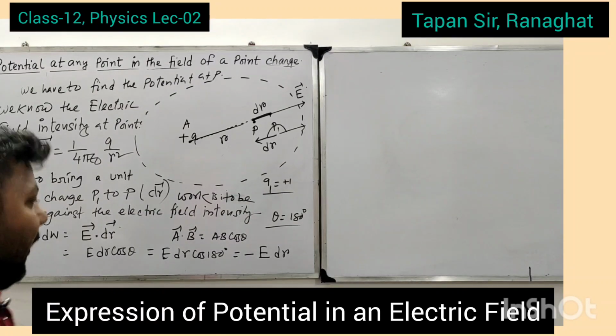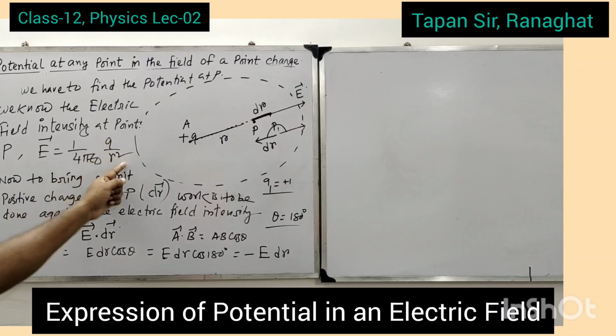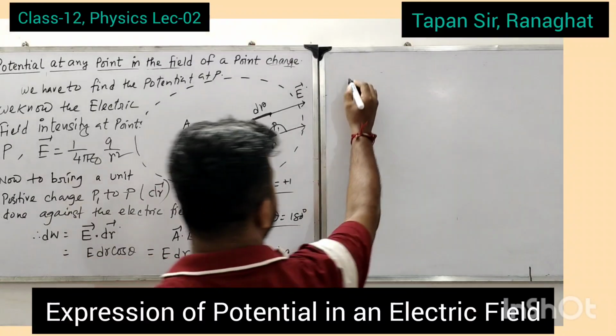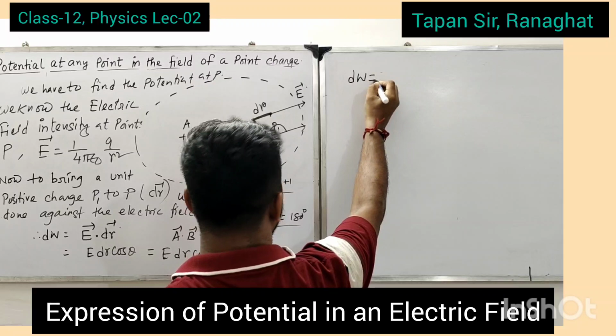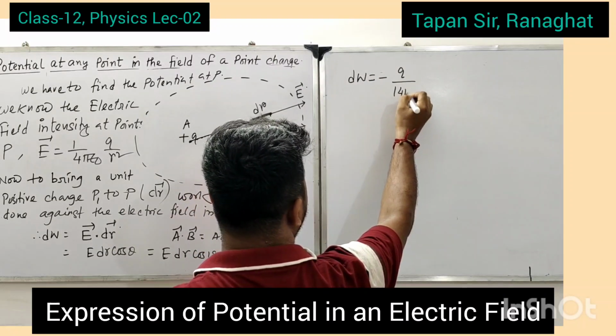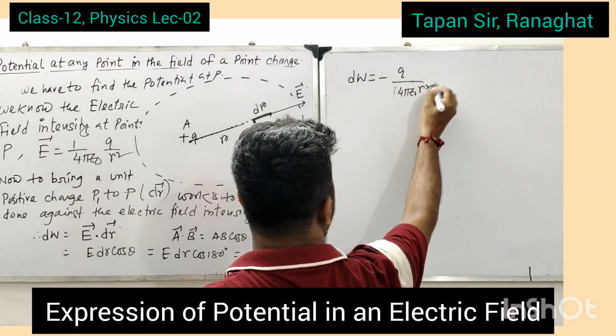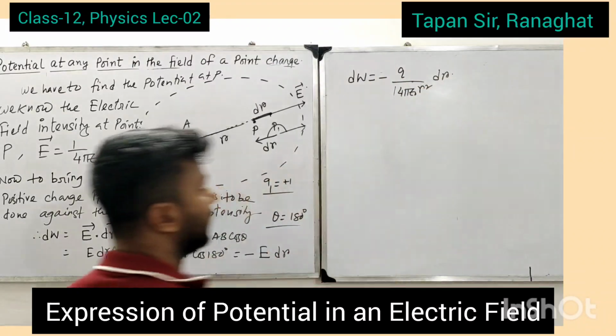Now put the value of the electric field intensity, 1 by 4 pi epsilon naught q by r square, right? So dW is equal to minus q by 4 pi epsilon naught r square into dr.